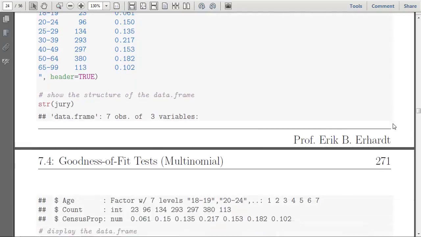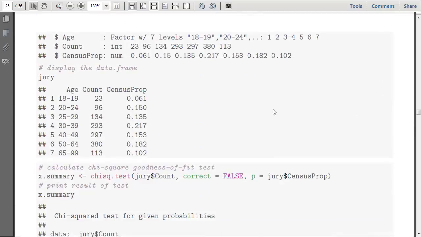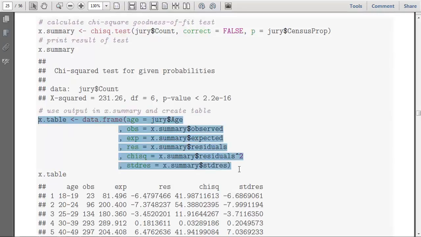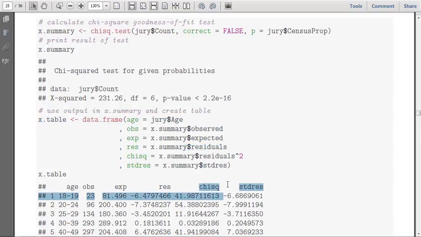I'm going to scroll through this very quickly. So there's the table. We did the chi-square test and put that into an X summary object. We created a table that had some residual values and the chi-square statistic, and from there we created some plots.